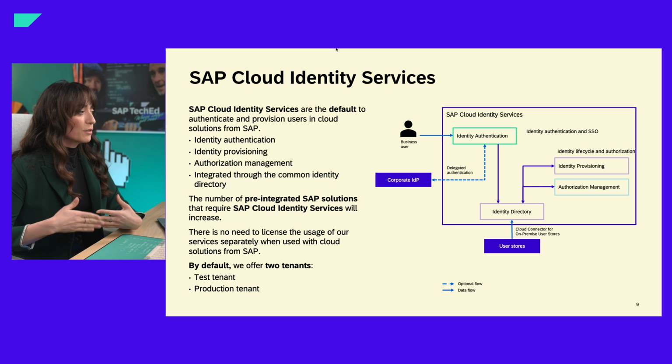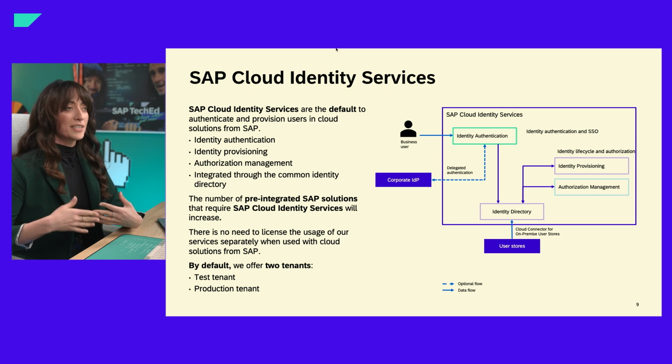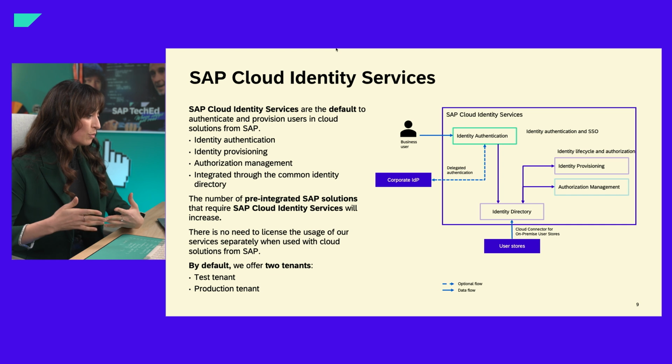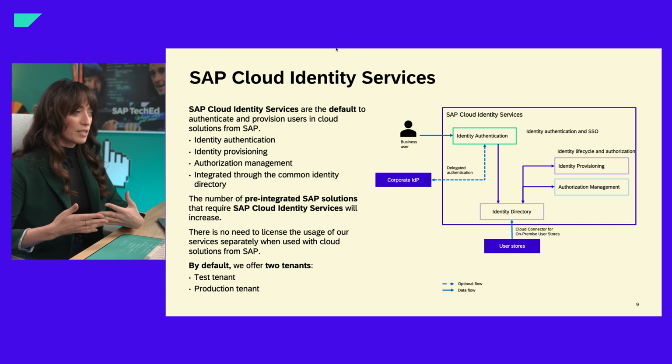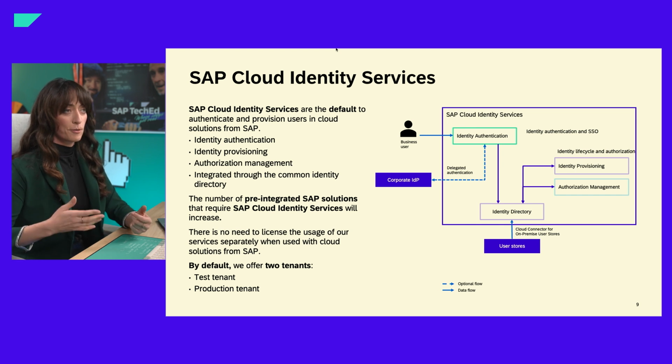Right, and everything is integrated through the directory service. We have a number of pre-integrated solutions with the Cloud Identity Services because we want to offer them to our customers as a means of easier and safer adoption of other SAP Cloud solutions.